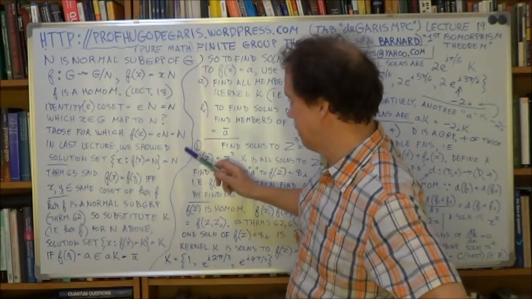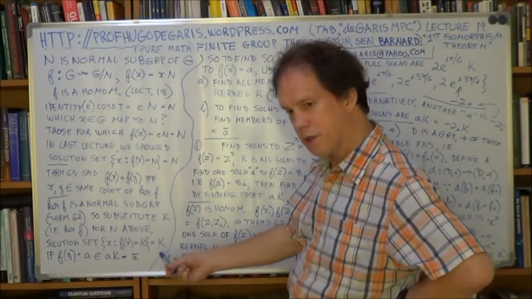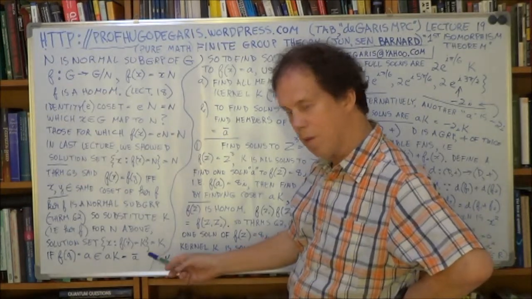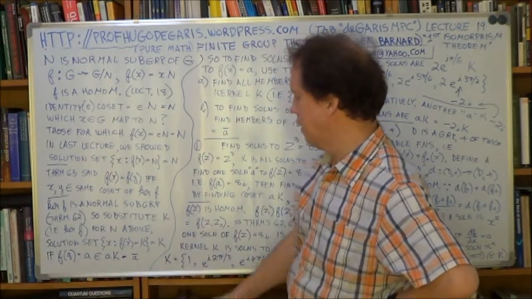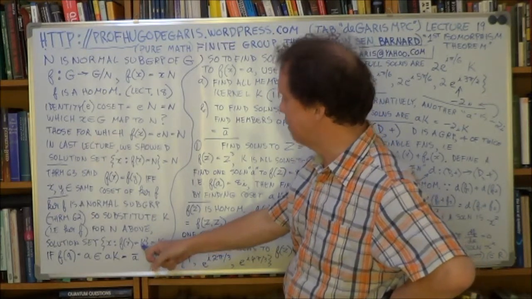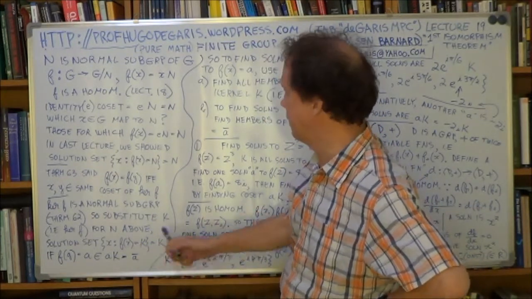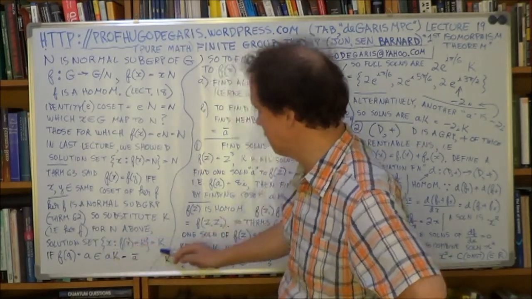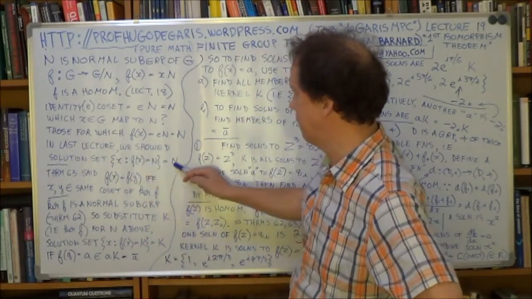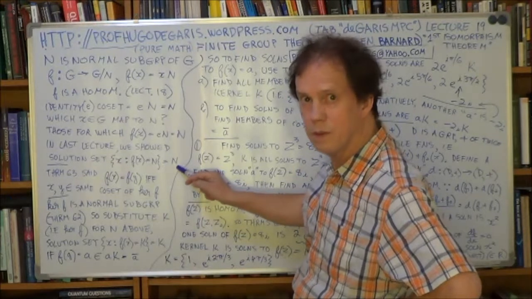So if we ask then what elements of G, x here, map to this normal subgroup K, this here is just the same as here. Now that's important, what I just said.